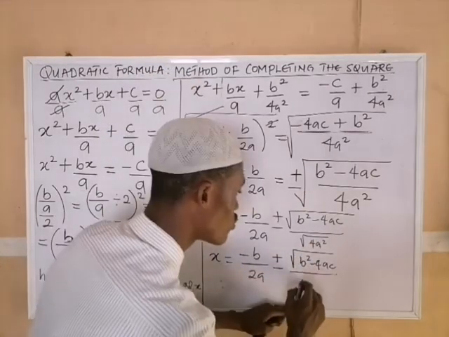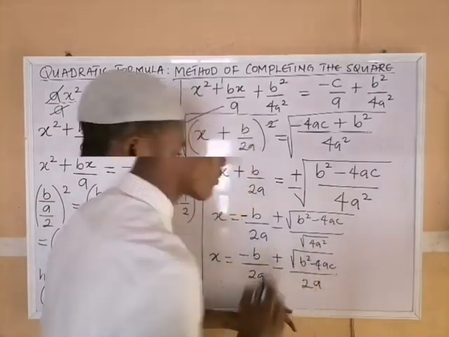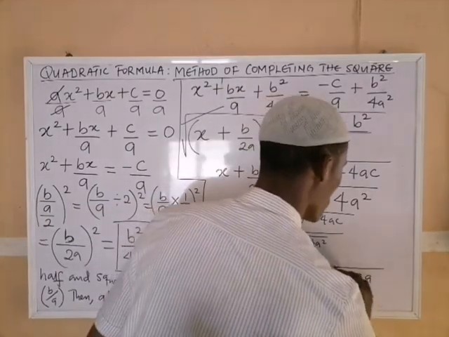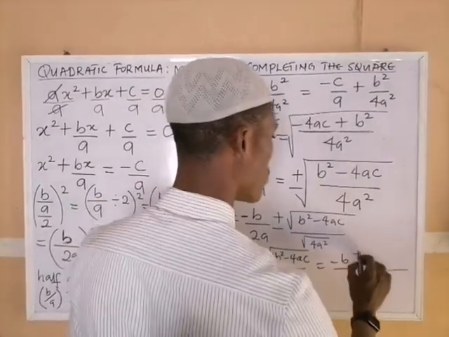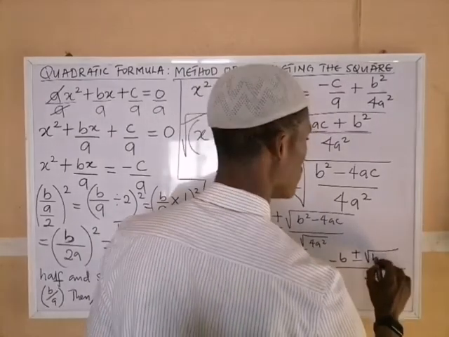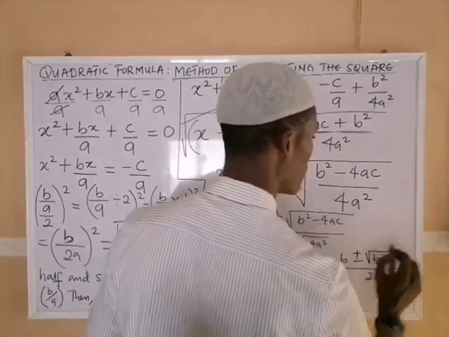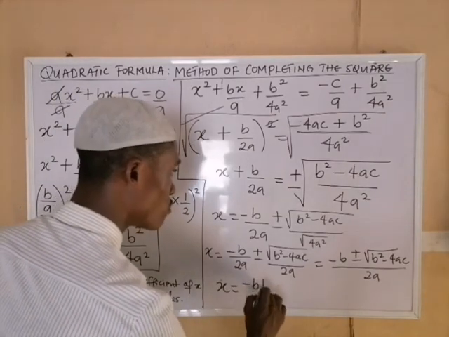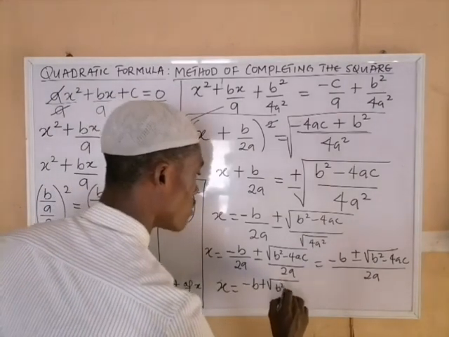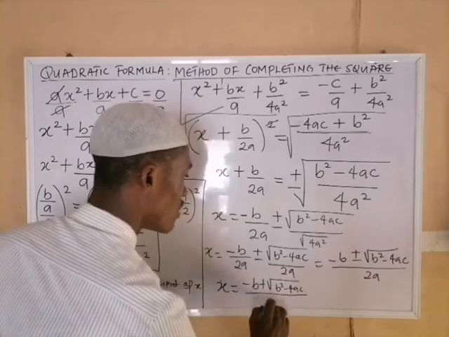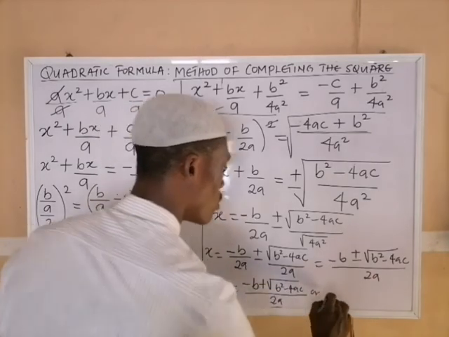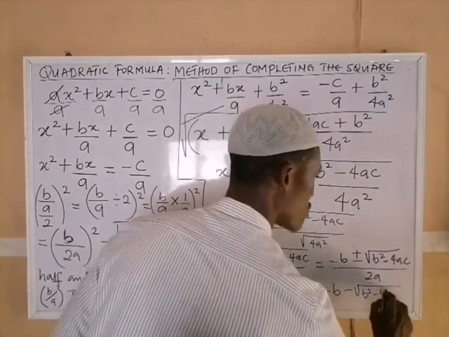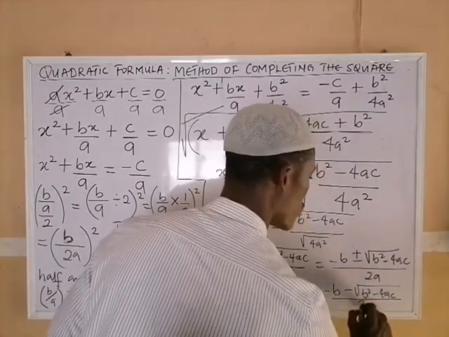The square root of 4 is 2 and the square root of a squared is a. They have the same denominator. I can pick one, 2a, then minus b plus or minus square root of b squared minus 4ac. So my x can be minus b plus square root of b squared minus 4ac over 2a, or minus b minus square root of b squared minus 4ac all upon 2a.